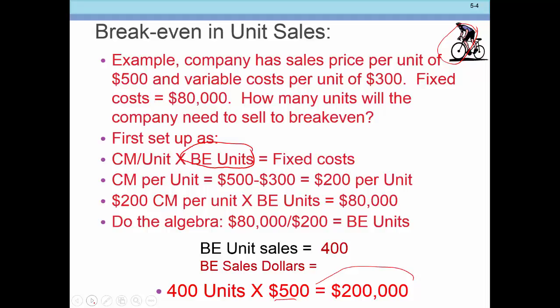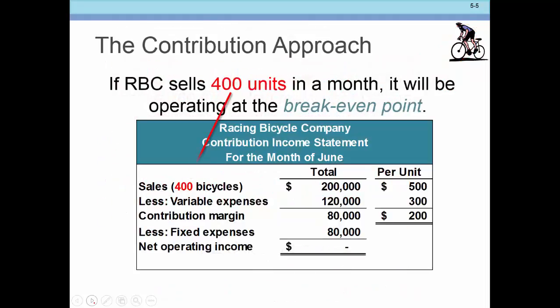Okay. Now, just to sort of prove that in a contribution formatted financial statement, notice that we take our sales price, which is 400 bikes, times what? 500 per bike means we're going to generate, we've already seen, 200,000 in sales, right? We have to cover our variable costs so we even have some bikes to sell.